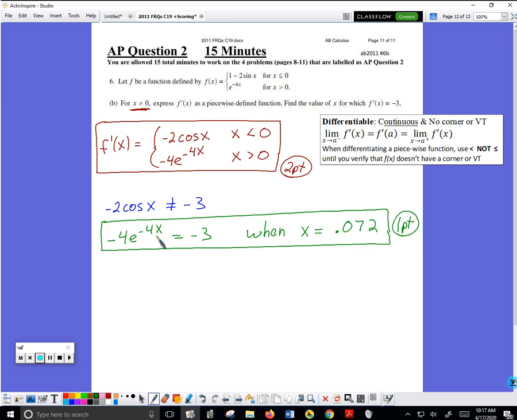This can actually be solved without the calculator if you choose to do it. You could divide both sides by negative 4. Take the natural log of both sides. But again, you can use your calculator.